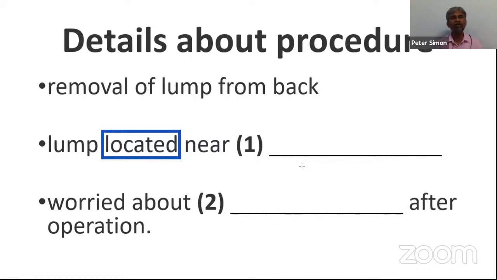So identify the synonyms: present, situated, located, occurring, present. These are the words which are synonyms. Near, close to. Near what? Here he is talking about the location.